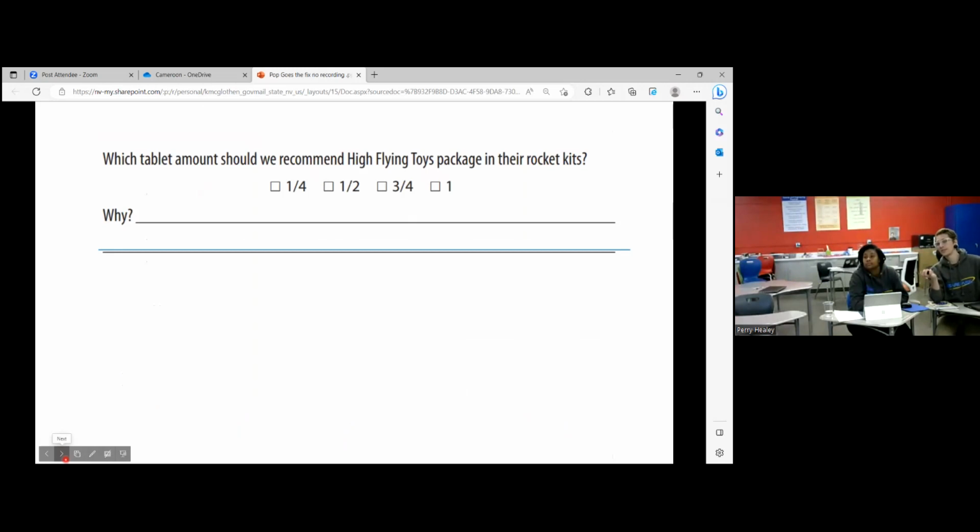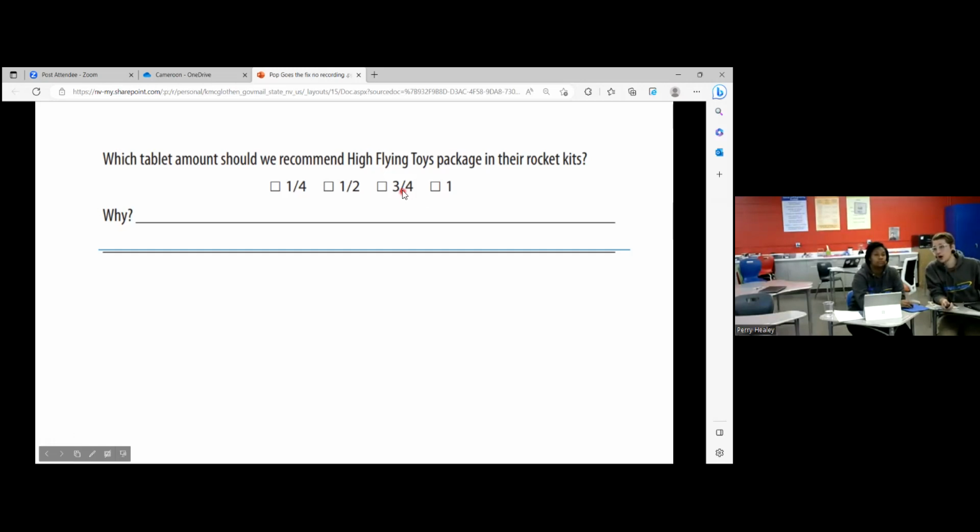Now, Ms. Bunting mentioned sentence starters. This is a good opportunity where you could use sentence starters. So for example, I might put on the screen, high-flying toys should package blank, because all students have to do is give their explanation rather than focusing on the sentence.